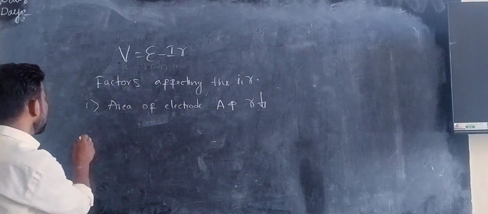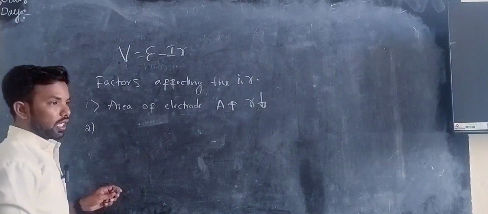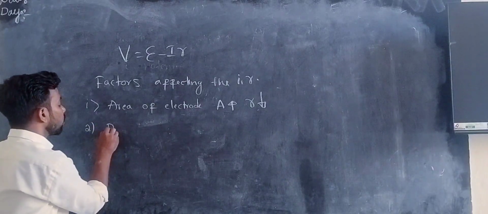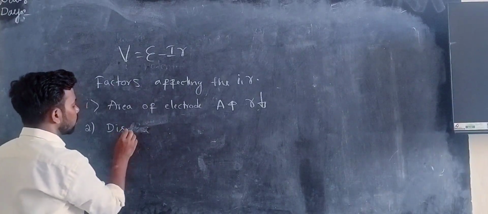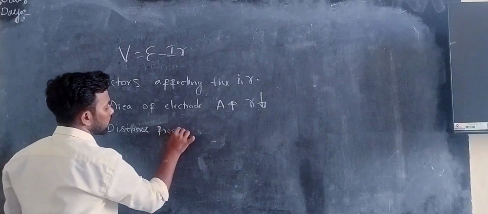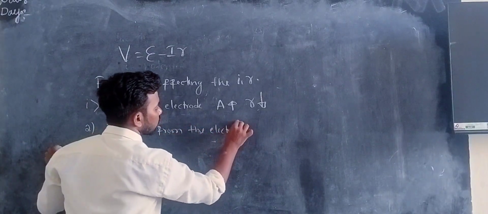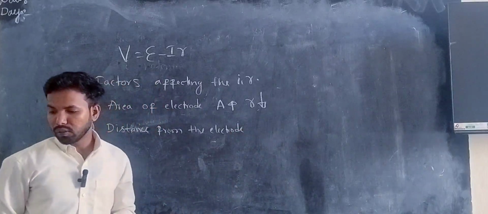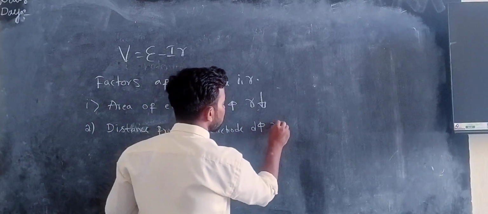First point. Second one, distance from the electrode. As the distance from the electrode increases, resistance also increases.